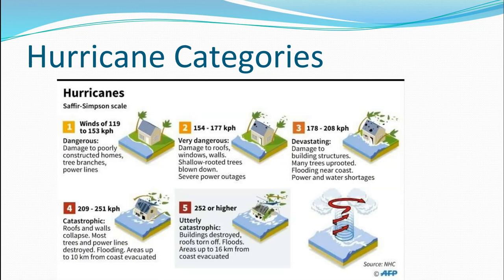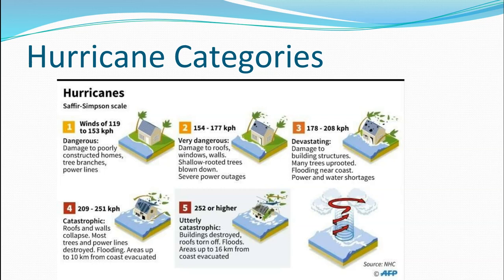And there's a few ways of looking at the categories too. I like some of these pictures to sort of show you what's happening during these. And when we watch hurricane videos, I like to watch what's going on in the video, because sometimes you can actually figure out pretty easily what category it is just from what's moving, especially the palm trees.